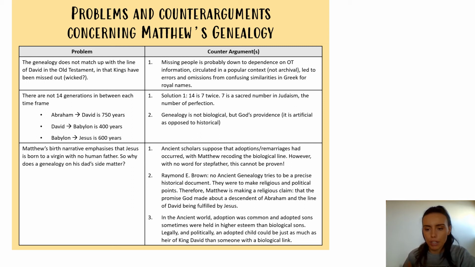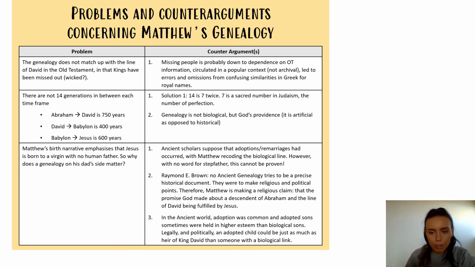But you could argue that in this time period, what Matthew is trying to get across is God's providence and the links between Abraham, David and Jesus, and therefore it's not meant to be a historical document. It's not meant to be accurate. That's not what Matthew was trying to achieve in making this, and therefore the inaccuracies don't matter. So that would be a counter argument saying, unless you understand why he's making this, then you don't understand why it's written the way it is.